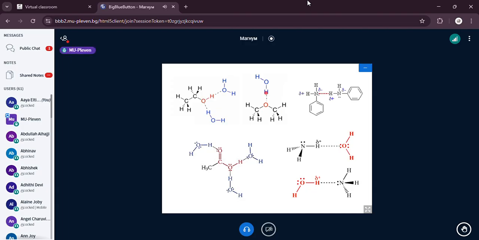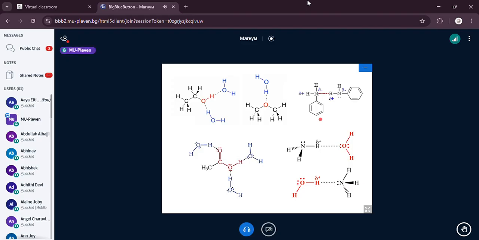Hydrogen bond donor is water in this bond. What's the name of this compound? Or this? It is the same. Aminobenzene.